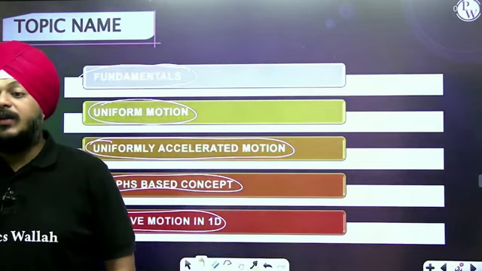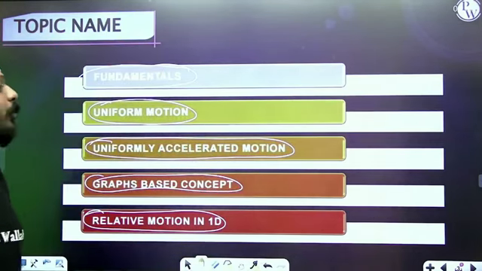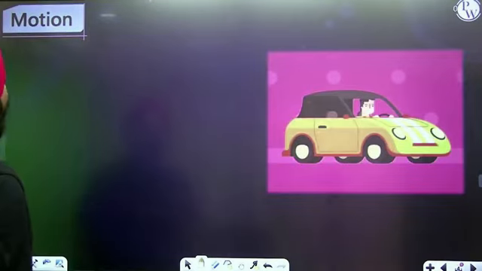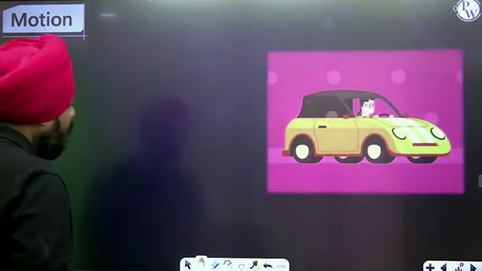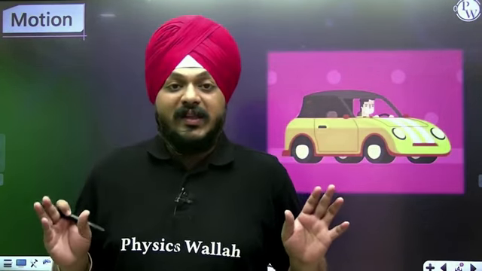Okay, so let's start. See, the chapter starts with a very simple concept, the concept of motion. What does it state? And before moving on to motion, I want to tell you all one thing.